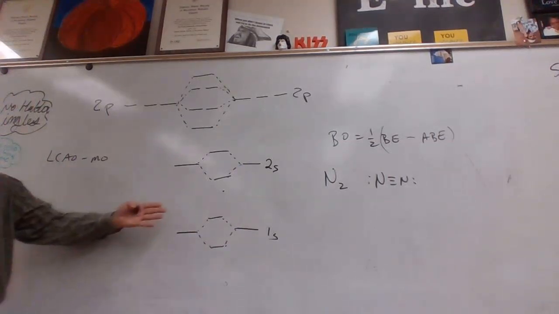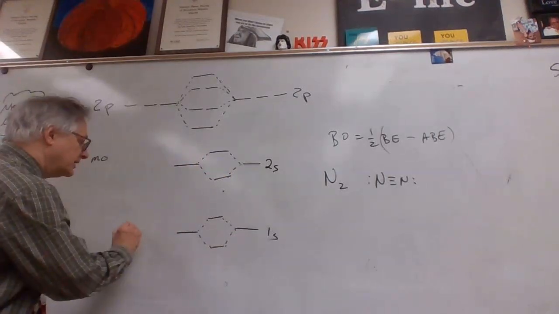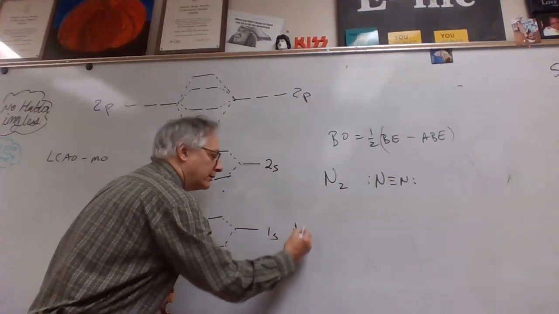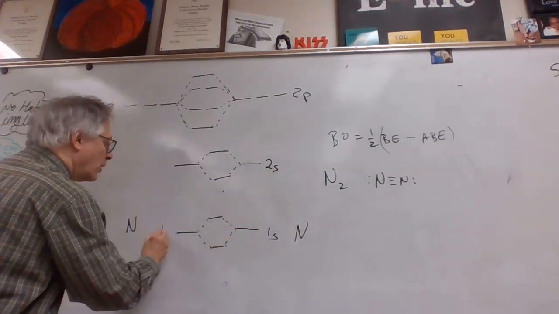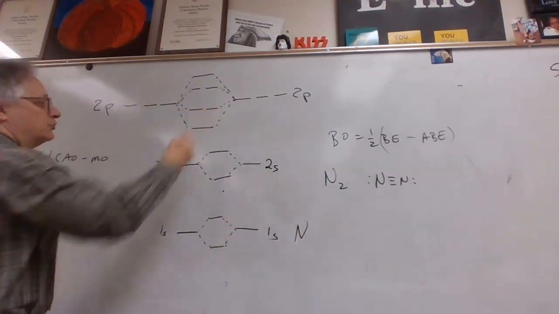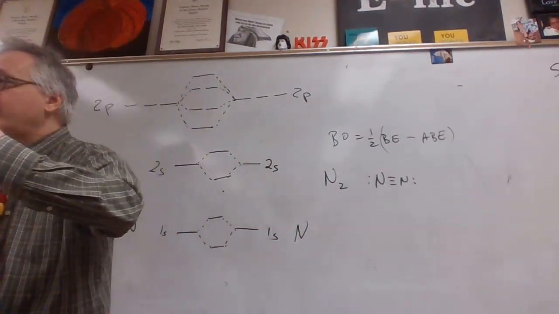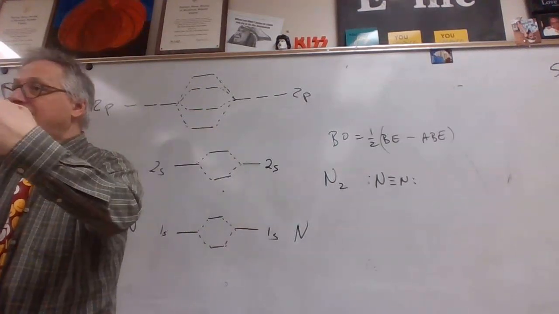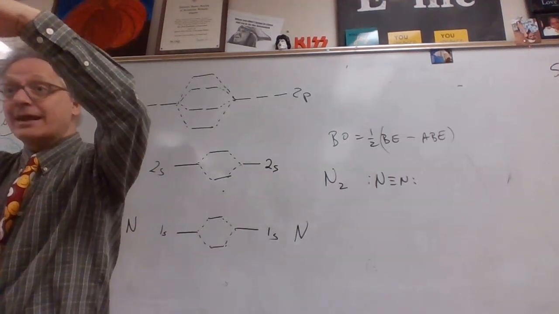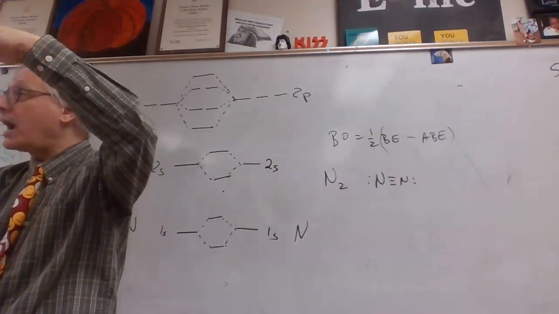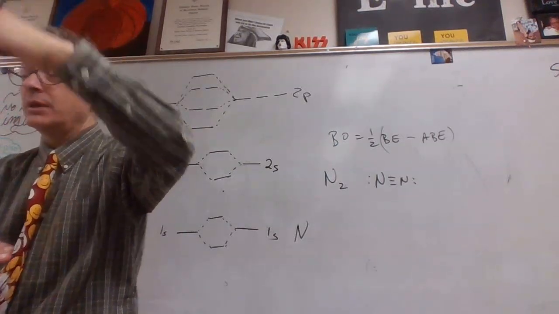So let's say I have a nitrogen atom here and a nitrogen here. Oops, that's not a very good looking nitrogen. And this is the 1s orbitals, the 2s, and the 2p. When these orbitals get together, I have two atomic orbitals, and they make two molecular orbitals, one at a lower energy, called a bonding orbital, and one at a higher energy called an anti-bonding orbital.